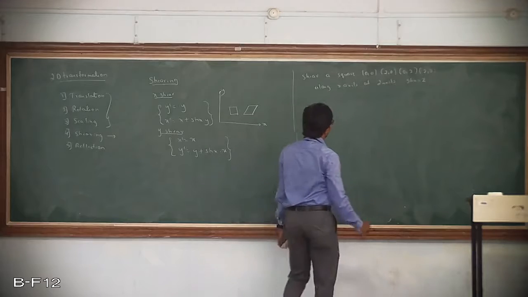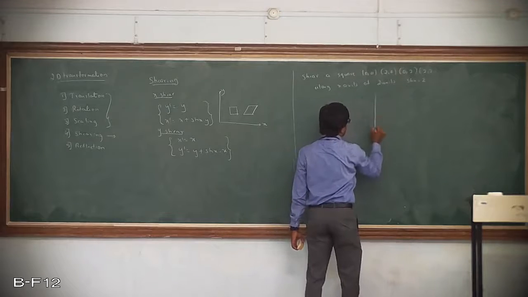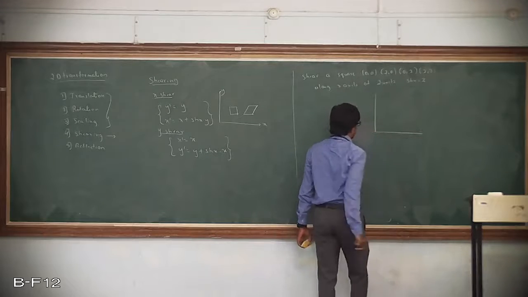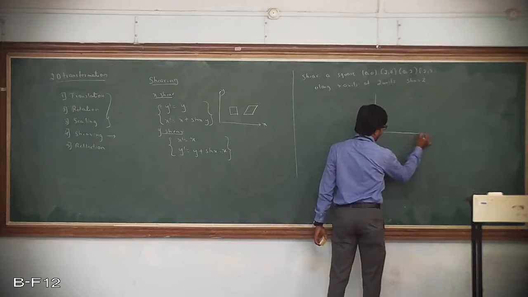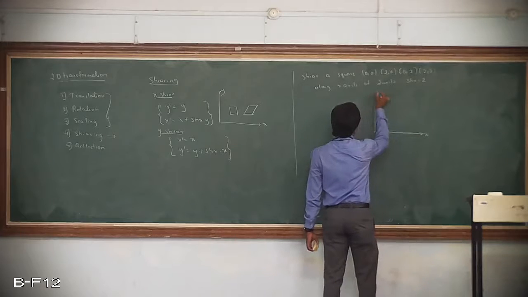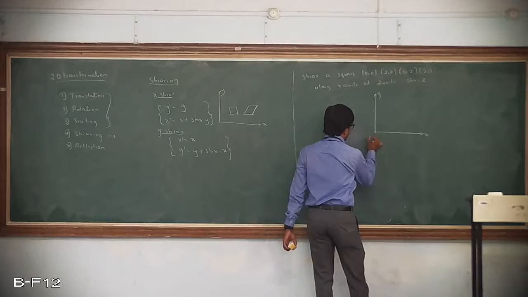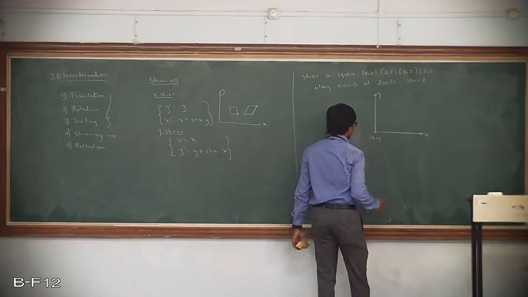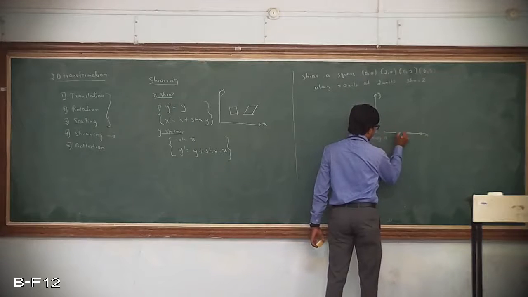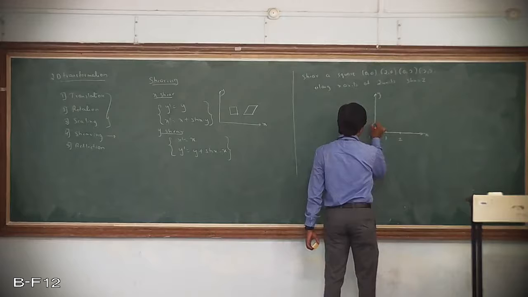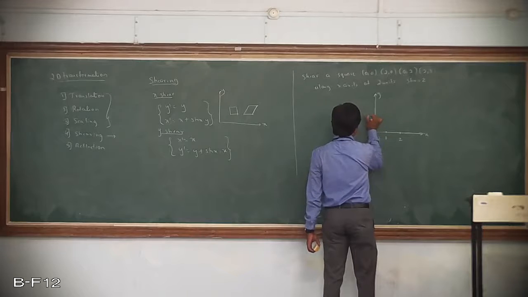So if I try to draw the object, we have already done this. This is x, this is y. We'll take this as an origin. This is 1 unit, this is 2 units, this is 1 unit, this is 2 units.